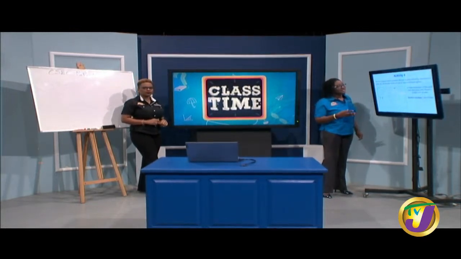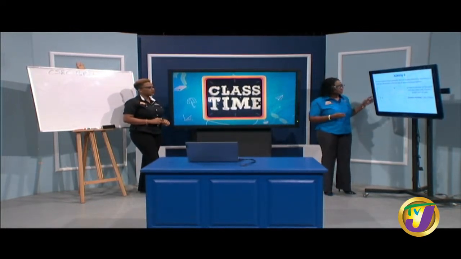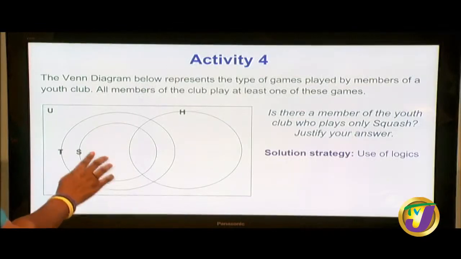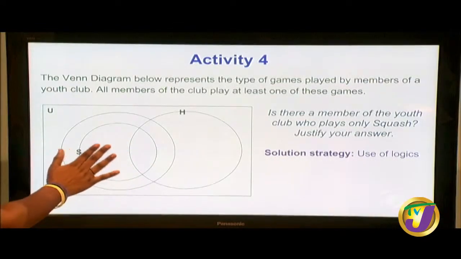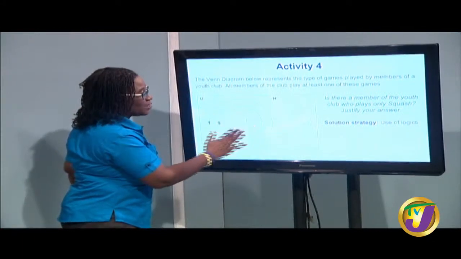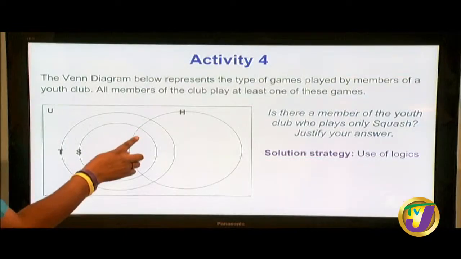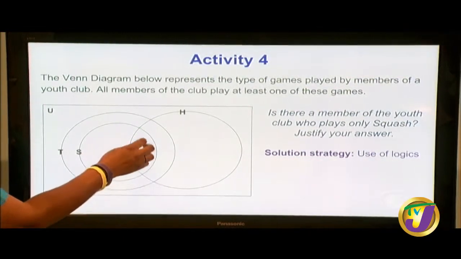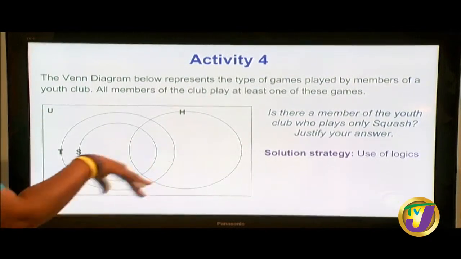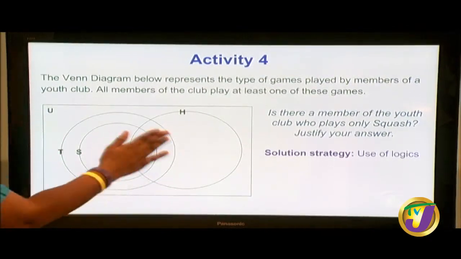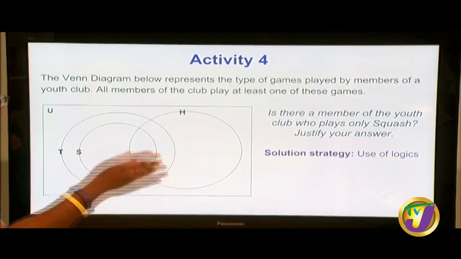So you're asking me, is there a member of the youth club who plays only squash? I'm looking here and I'm seeing the set for squash, the club members who play squash. But you said squash only. So obviously I can't choose this section right here, which is the intersection. We'll talk about that in a few, but not the intersection at all, because we say squash only.